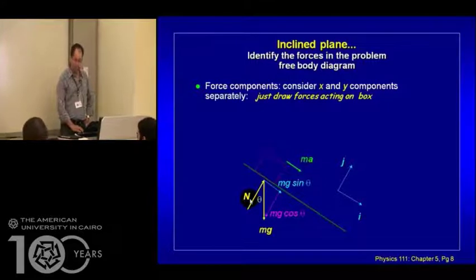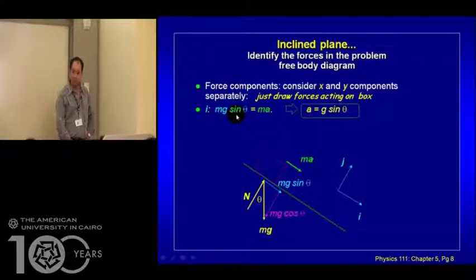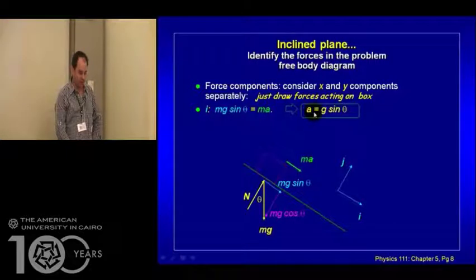Then that's the normal force. Then we apply Newton's second law. Along the x-axis, the sum of the forces equals mg sine theta, equal to mass times acceleration, and from that we can get the acceleration along the x-axis.